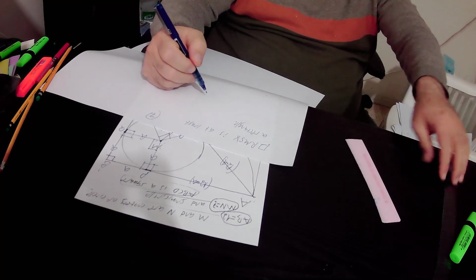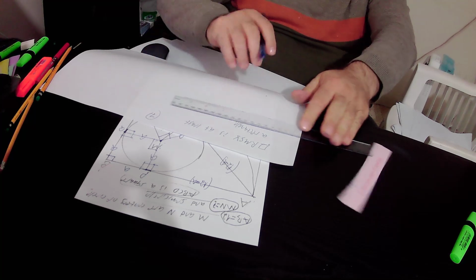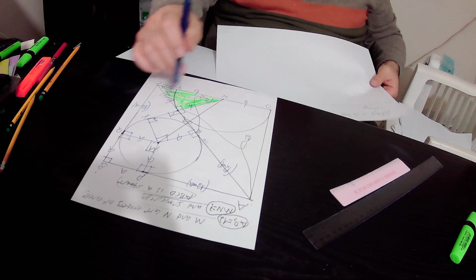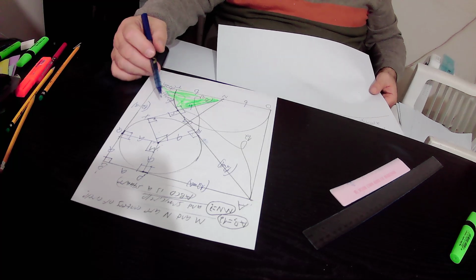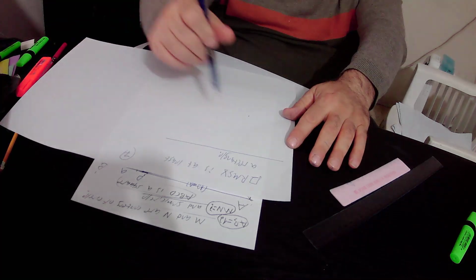But we know that the opposite sides of a rectangle are equal to each other according to rule number 3. That is to say, the opposite sides of rectangle RMSX are equal to each other. That is to say, RM is equal to SX according to rule number 3.